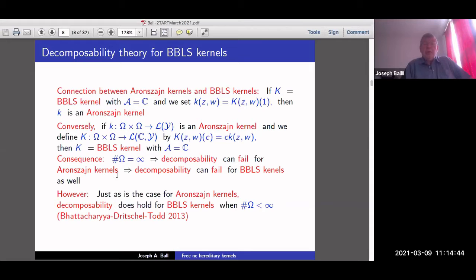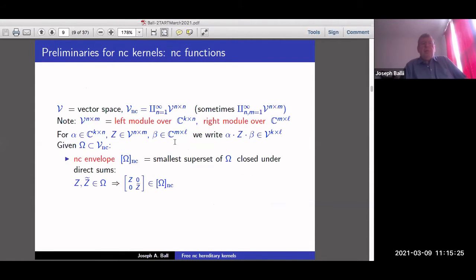Just as is the case for Ehrenstein kernels, if the number of points in omega is finite, then decomposability does hold. And this is a fairly substantial paper of Bhattacharya, Twitchell, Todd, who carefully worked all this out and had difficulties with the infinite point case, but they had a bootstrap condition, which when it holds, then you can get decomposability in the infinite point case.